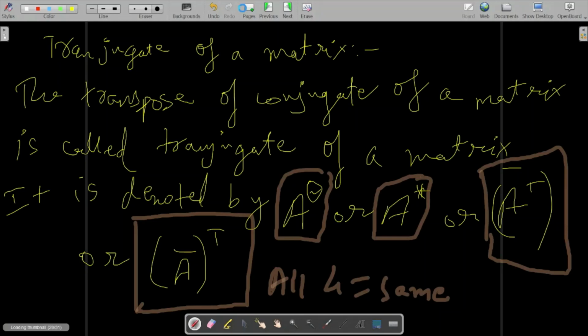Now what does it mean by conjugate? It is very clear that we will take the conjugate first and then we will take its transpose.